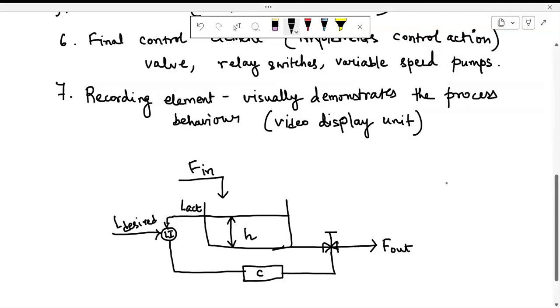So the controller can simply impart to the control logic that if the level is higher than desired, then just open the valve a little more so that more of the liquid flows out and the actual level is attained. If not, then simply close the valve a little bit so that the actual height is increased to the desired level. So this in total comprises a process control system.